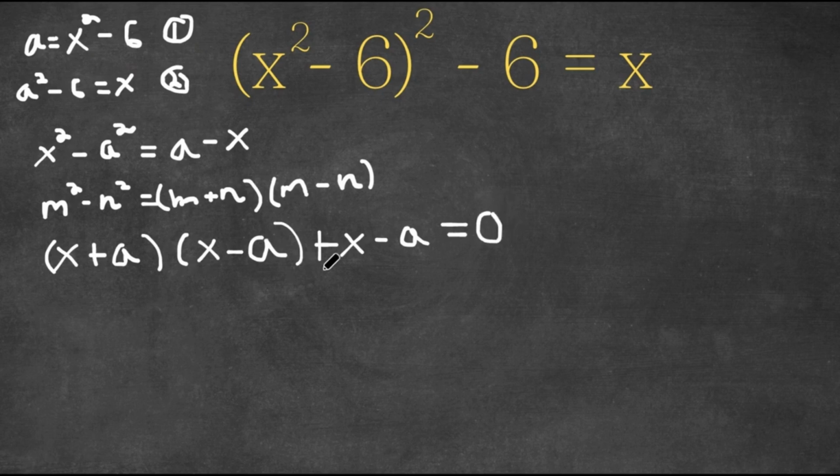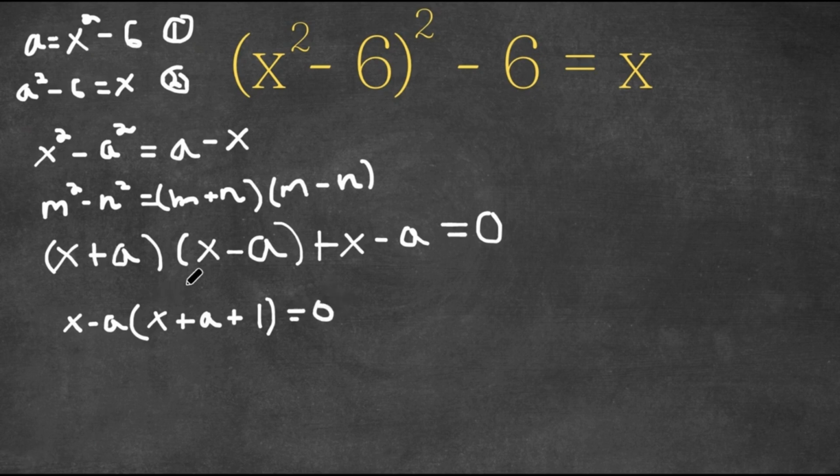So now I'm going to factor out x minus a from this. x plus a times x minus a divided by x minus a is simply just x plus a. And x minus a divided by x minus a is 1. So we have x plus a plus 1, and this is equal to 0.